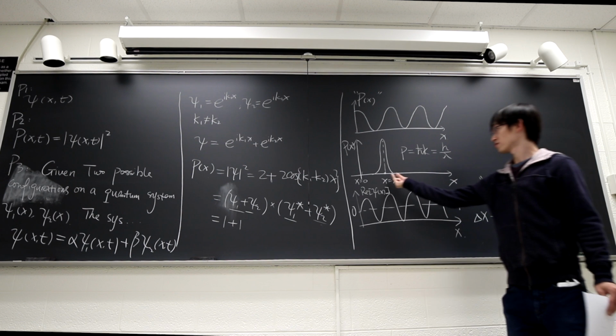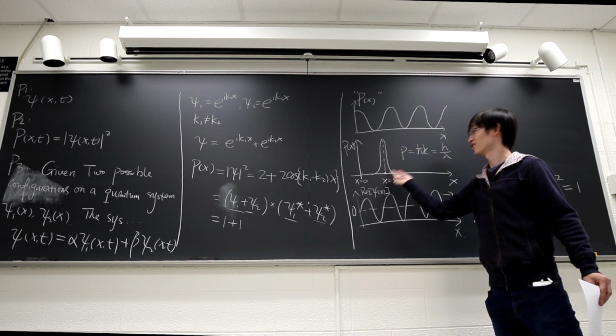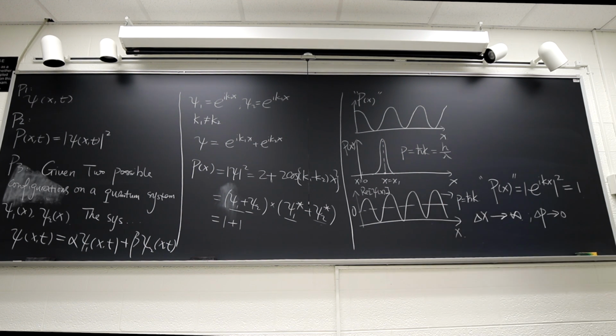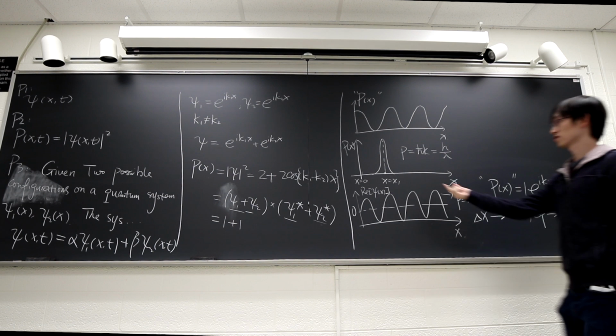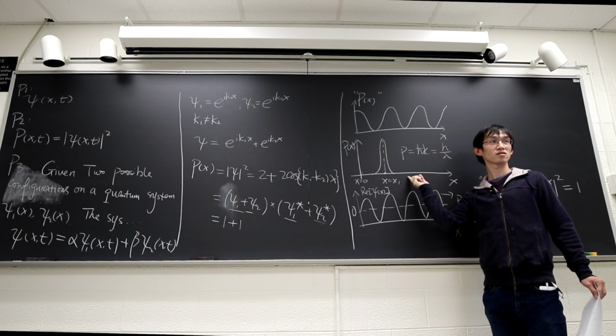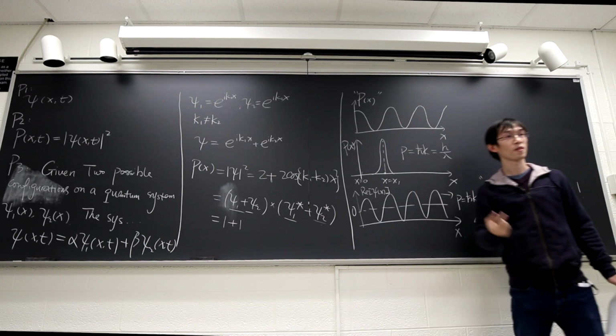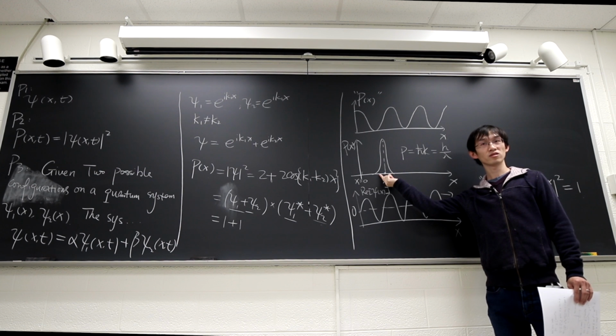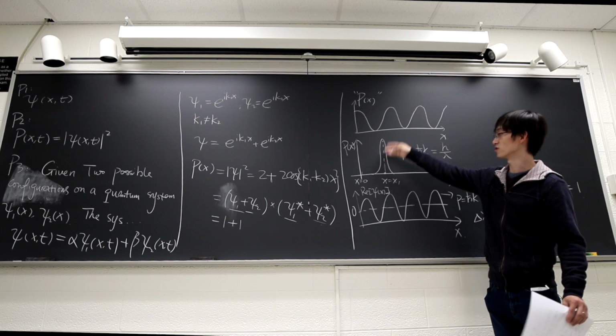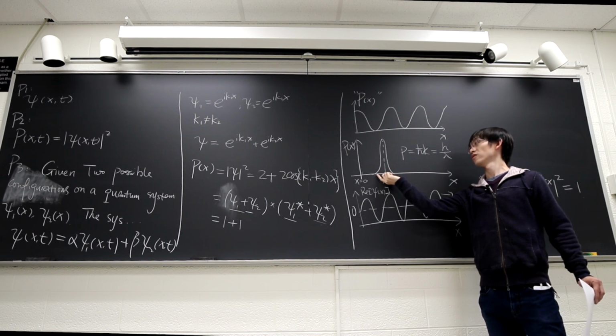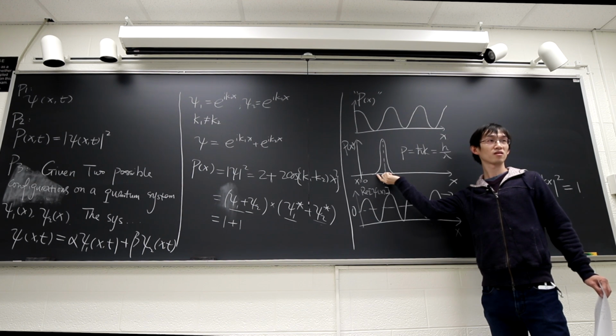Now for this function, does it have a wavelength? A wavelength means you move from x to x plus wavelength, and then the wave function repeats itself. That's the definition of a wavelength. For a delta function, or any function that looks like this, it doesn't have a wavelength.